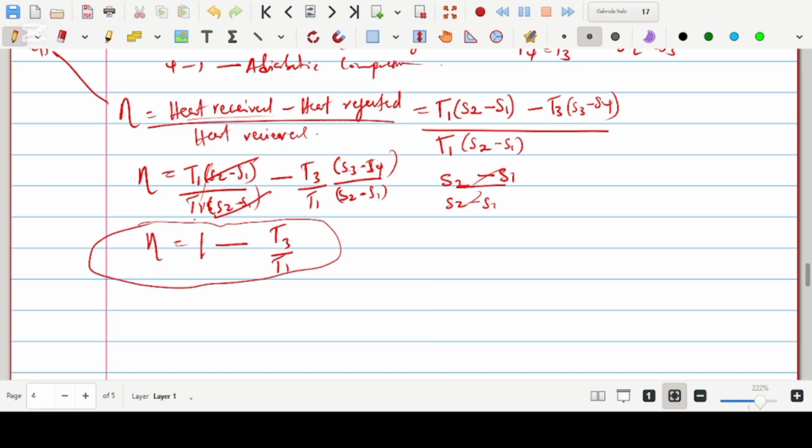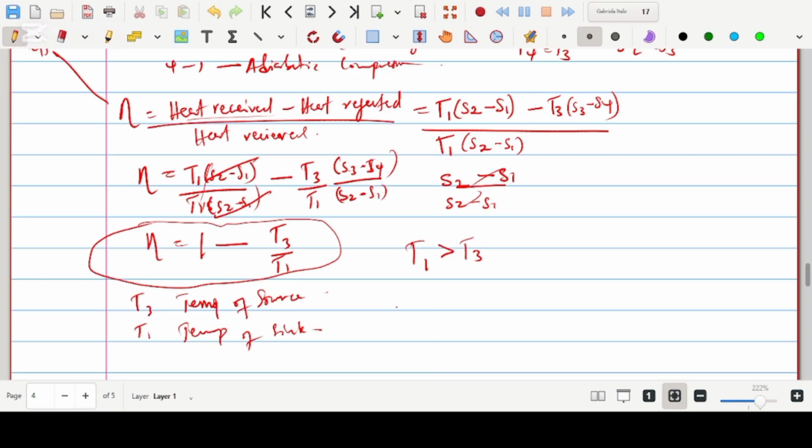For a Carnot cycle, T3 is known as the temperature of the source, and T1 is the temperature of the sink. So for you to have higher thermal efficiency for the Carnot cycle, your T1 must be greater than T3.